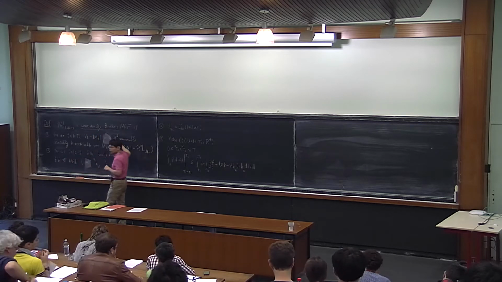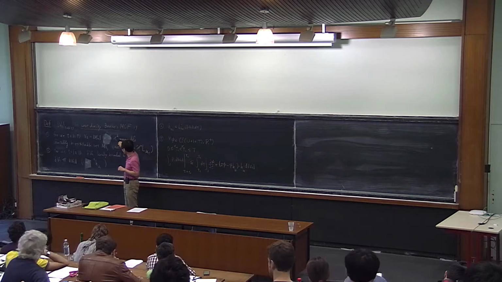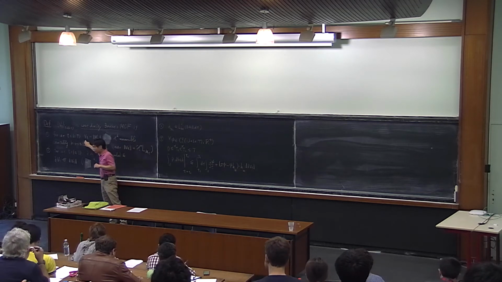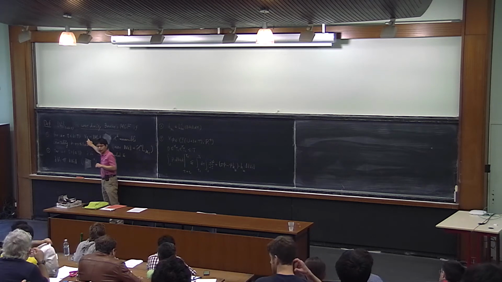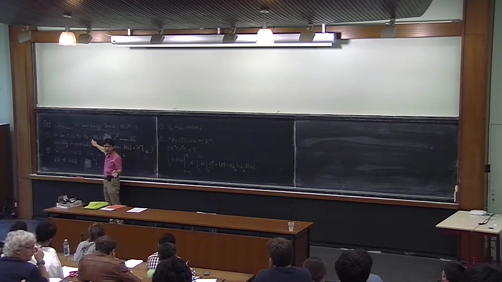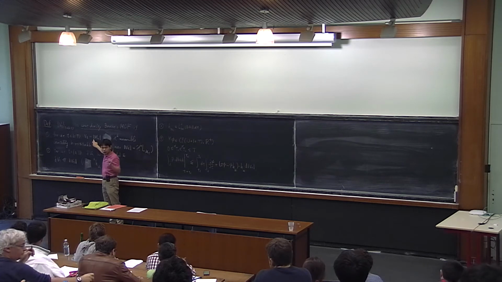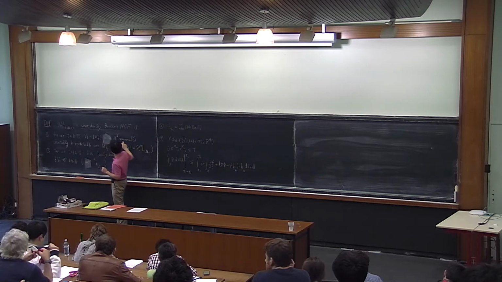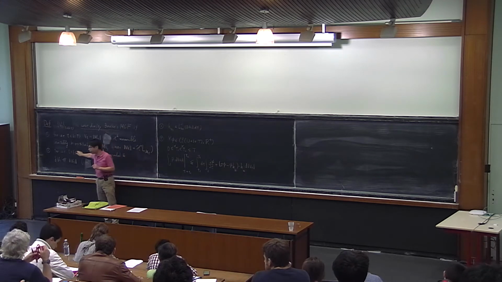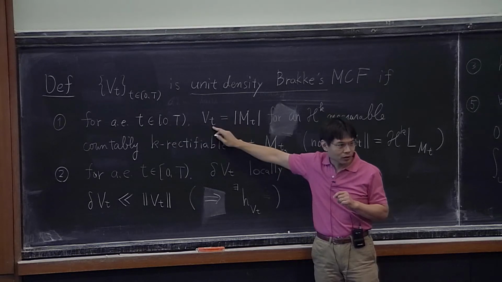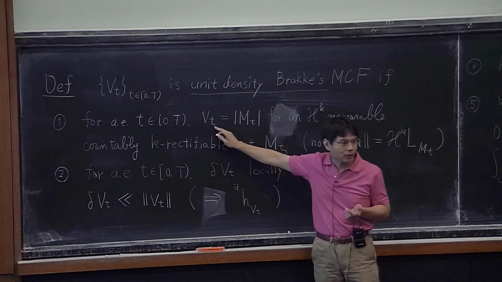So if I concentrate on that situation of a unit density Brakke flow, I just wrote what I wrote yesterday more or less, except that for almost all time now, this varifold, yesterday I just said this is an integral varifold, but since I'm assuming it's unit density, the multiplicity function is 1, so that means that there exists a measurable countably k-rectifiable set, MT, which gives you this VT in a very natural way, as the one that I explained on the first day.